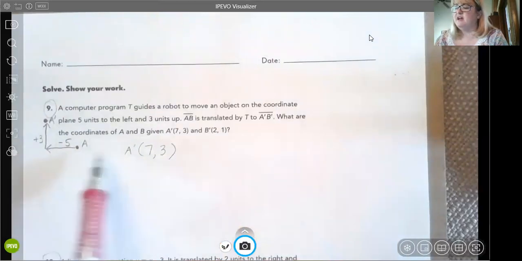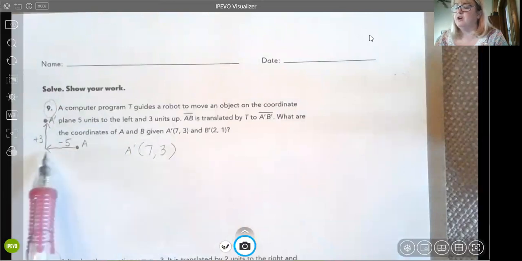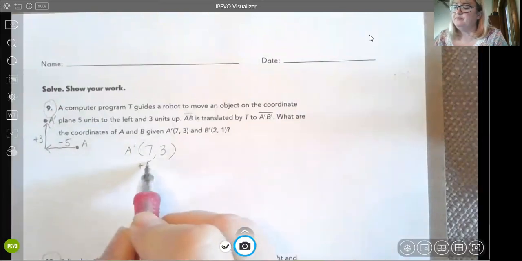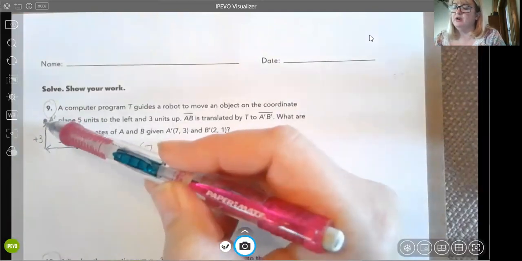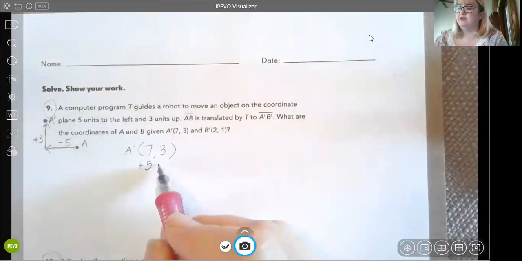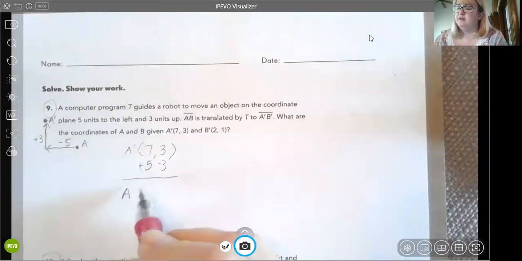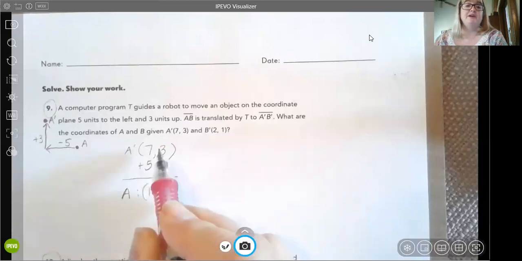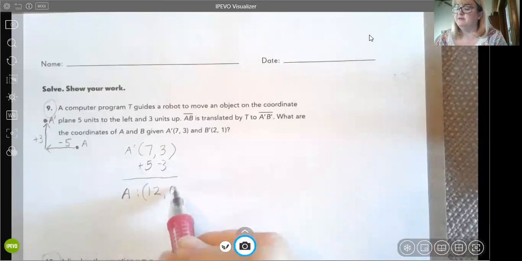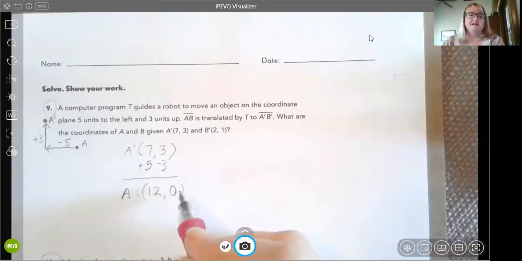So instead of, on the x-axis, going back 5, we're going to go +5. And then the y-axis, if we're starting here and going backwards, we're going to subtract 3. Okay? So A would be 7 plus 5 is 12. 3 minus 3 is 0. All right, so that is what A is.